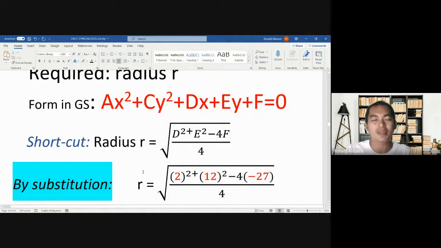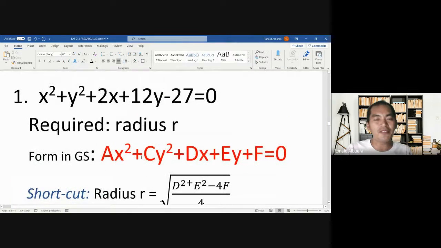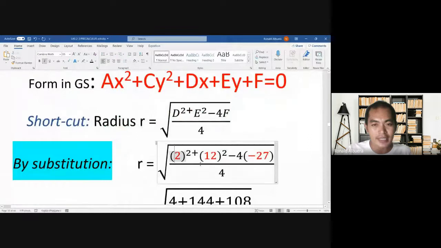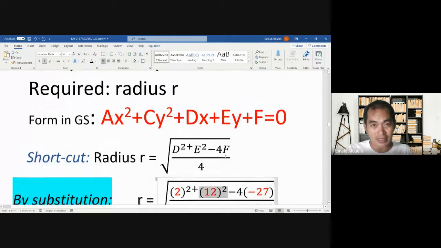Okay. Now, from the given, you are going to substitute our d is 2, our e is 12, and our f is negative 27. So we have 2 squared plus 12 squared minus 4 times negative 27.